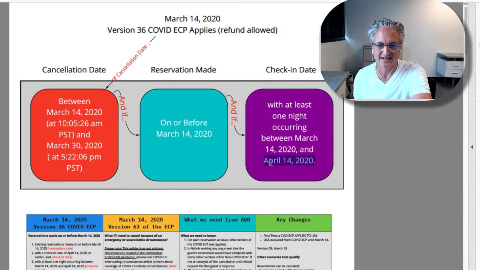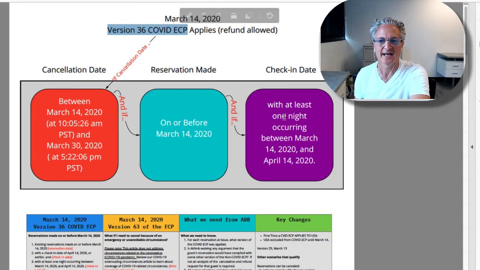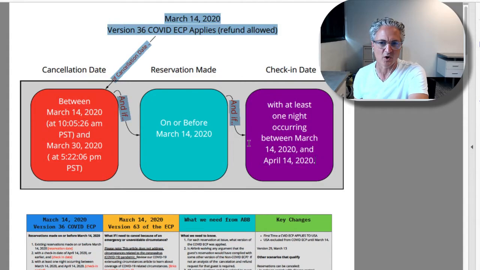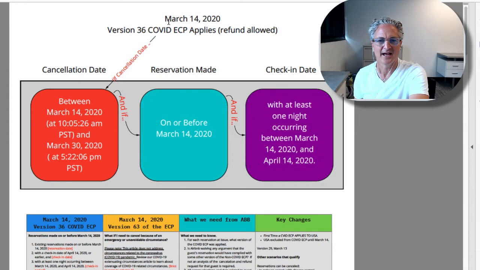Now you're going to see that they ultimately extended this April 14th date out again and again and again in later versions. But this version, version 36 of the COVID ECP, would apply to reservations where the check-in was between March 14th and April 14th. If all of these applied, then Airbnb gave a refund. Great. We still have our other arguments as to why that is still a breach of contract.